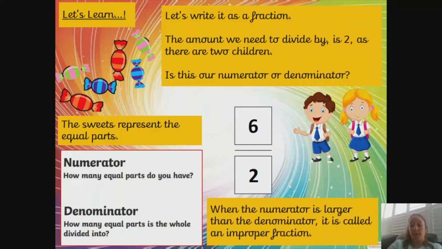When the numerator is larger than the denominator, it is called an improper fraction. Now, when you see fractions, you'll usually see 1/2, or 1/3. Okay, this is slightly different because the number on the top, the numerator, is larger, it's a bigger number than the bottom, which makes it a little bit more tricky.